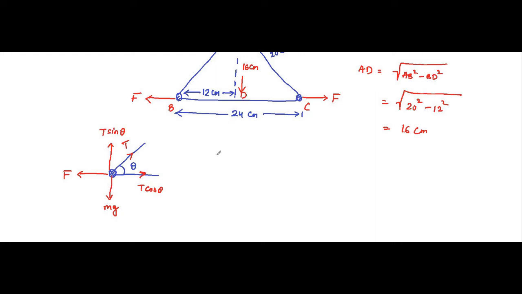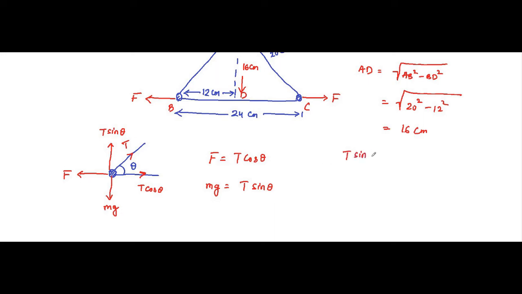Now if we see the horizontal and vertical forces that are acting and we balance them, here F, the electric force of repulsion, will be equal to T cos theta, equating the forces in the horizontal direction, and mg will be equal to T sin theta, because this is the equilibrium position.